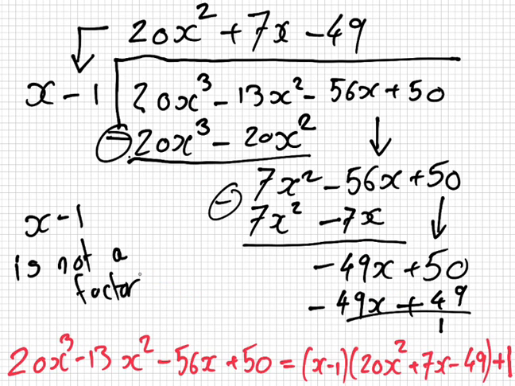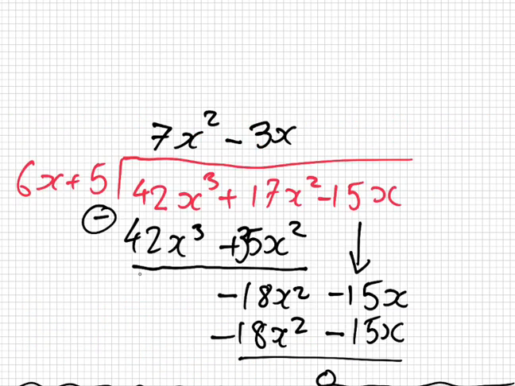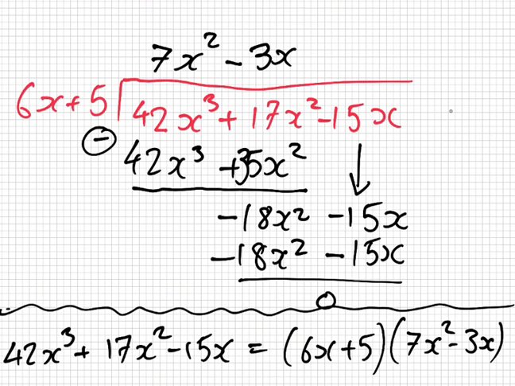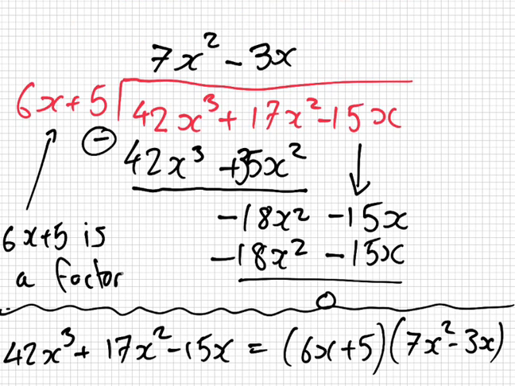But if the remainder is 0, like here, we say 6x plus 5 is a factor. So that's vocabulary for you. So if I ask you, is something a factor, what I'm asking you to do is to do long division, and check if the remainder is 0 or not.